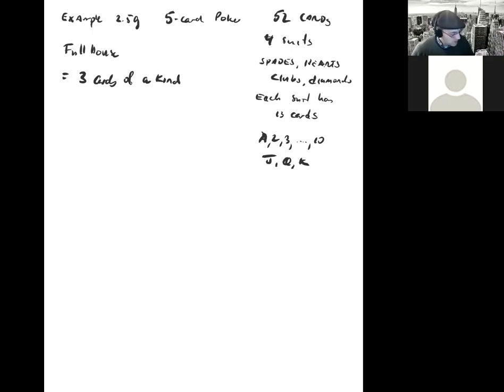All right. So a full house is 3 cards of a kind and 2 cards of a different kind. For example, you could have 3 4s and 2 jacks, and that would make a full house.